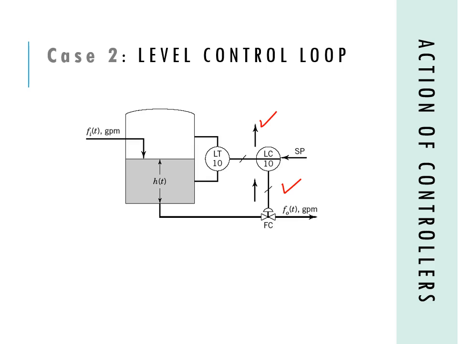The controller must increase its output signal to the valve. So in this kind of action, when an increase in signal to the controller requires an increase in controller output, the controller must be set in the direct action. This is the example of the direct action.